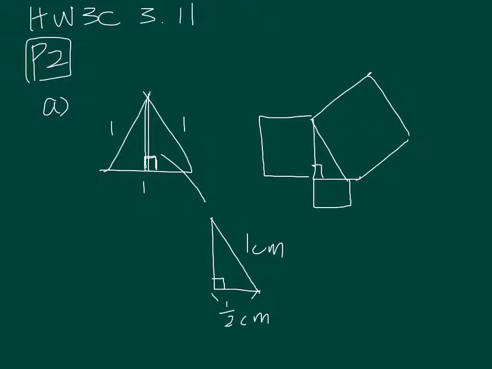So the area of the smaller one will be half times half, which is 1/4. The biggest one is 1 centimeter times 1, so it has to be 1. So the medium one has to be something. And if you take the square root of that, that would be the length of the height, and use that concept.